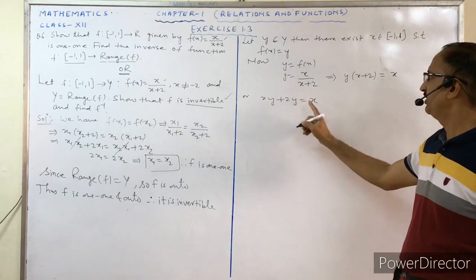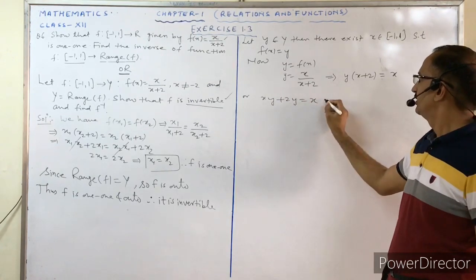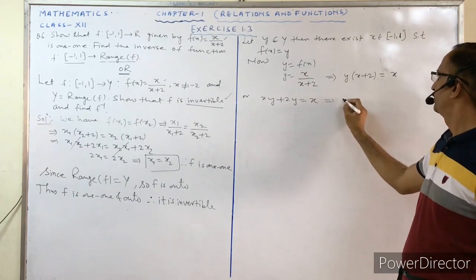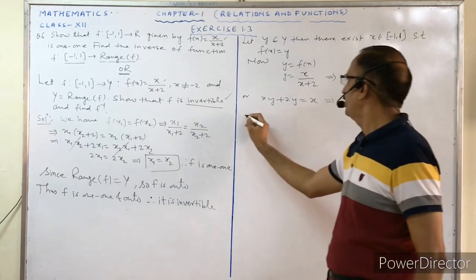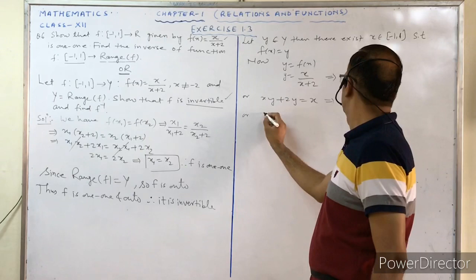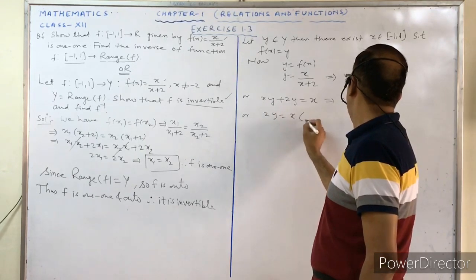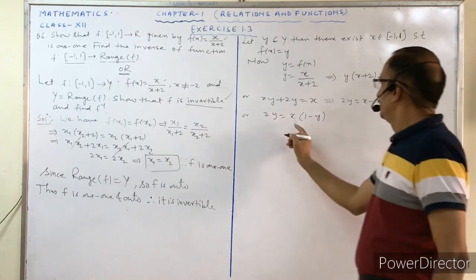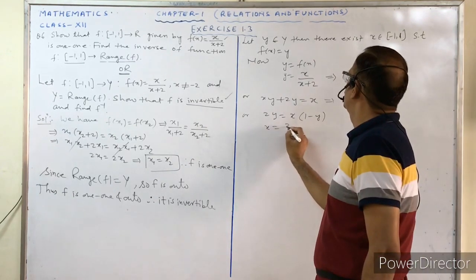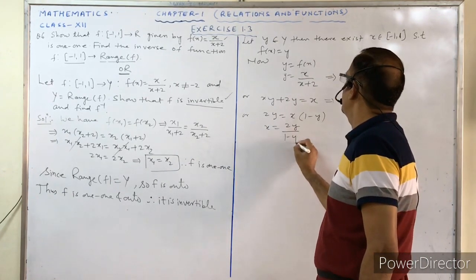We want to find the value of x, so we can write 2y equals x minus xy, or 2y equals x(1 minus y). So the value of x is 2y upon 1 minus y.